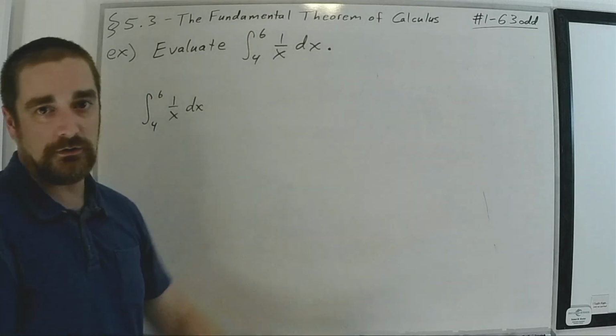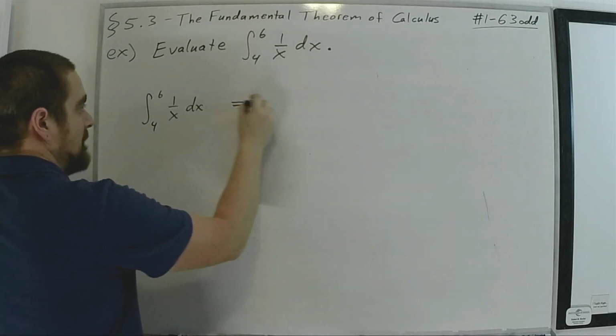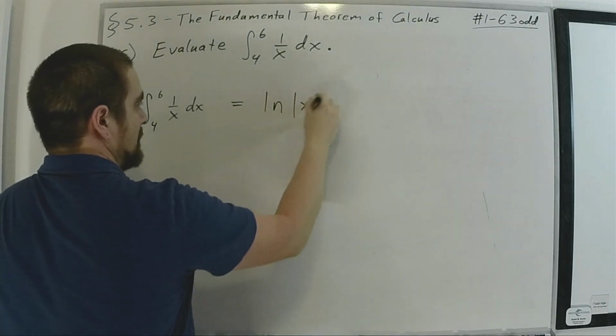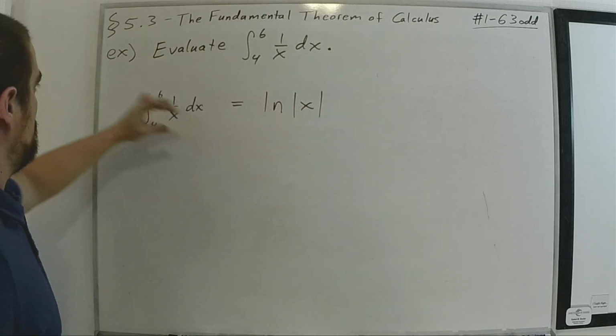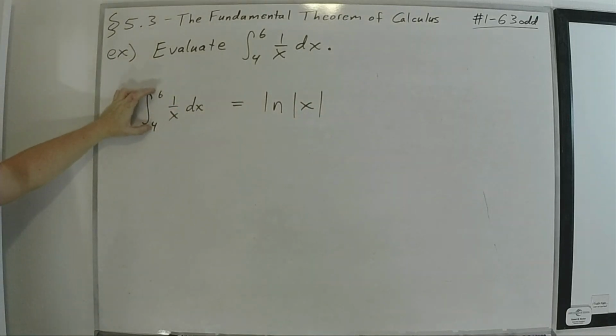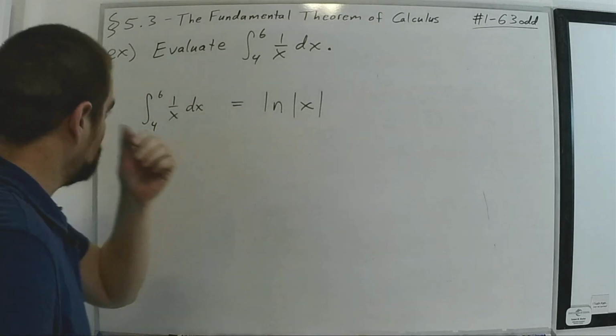Integrating 1 over x should get me back to that function, and that function is the natural log of x. I'm going to put absolute value bars there for now, but it's okay because our bounds, upper and lower limits, are going to be positive, so I'm not going to run into any trouble.